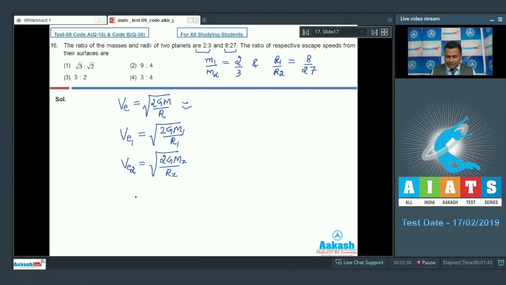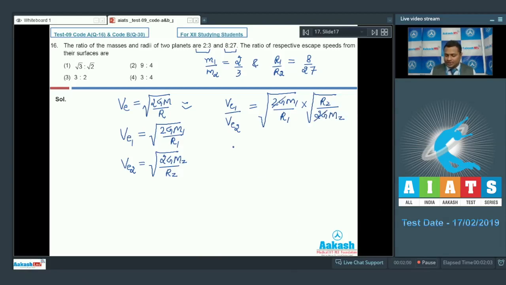Now taking the ratios, we will get VE1 is to VE2 equals under root 2GM1 upon R1 multiplied by R2 upon 2GM2.